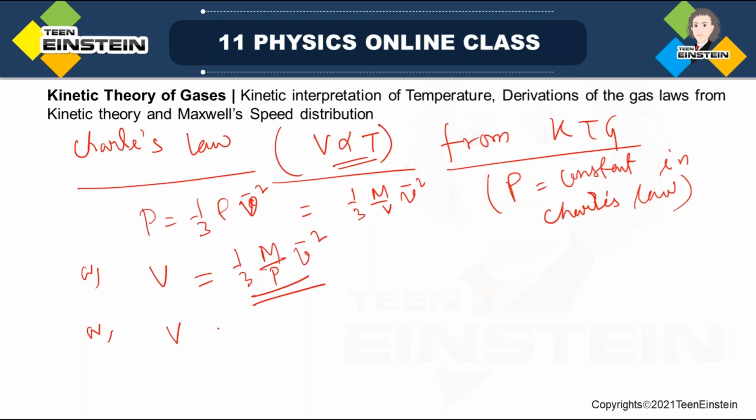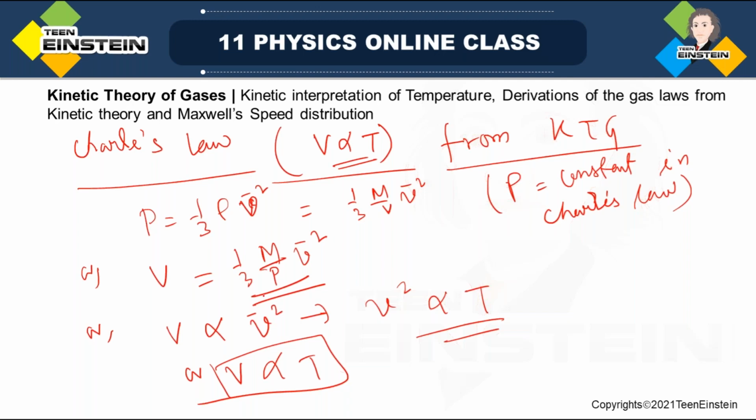V is then directly proportional to v average square. And the average velocity or average kinetic energy, in turn the square, obviously depends on temperature. So we can say that V is directly proportional to temperature.